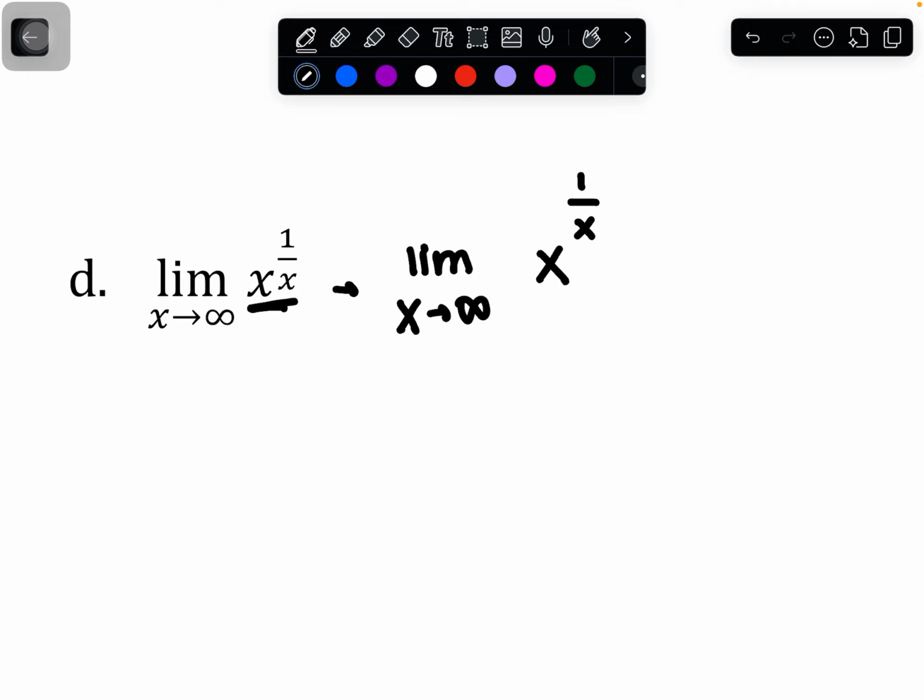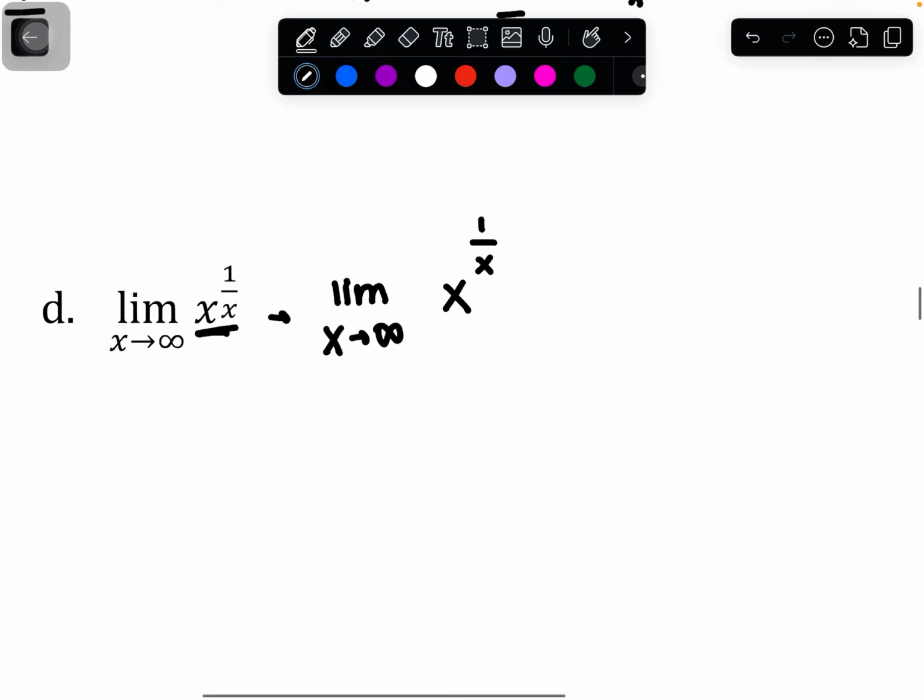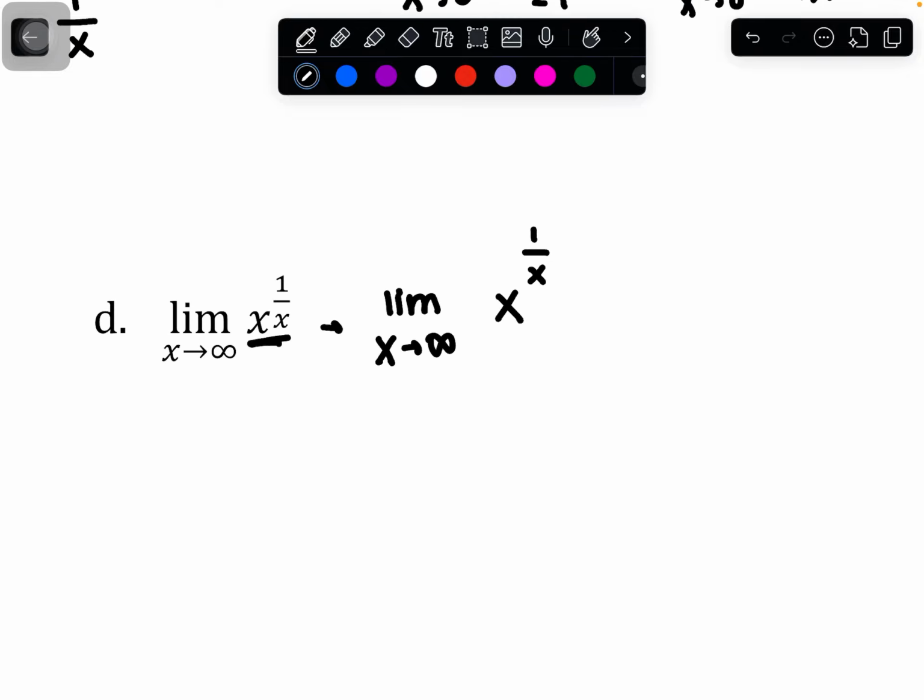Any single time you see a function raised to an exponent and you're doing a limit, always think e and natural log. Why? Because if we apply natural log to x to the 1 over x, we have these funny things that we can do with exponents and natural logs.